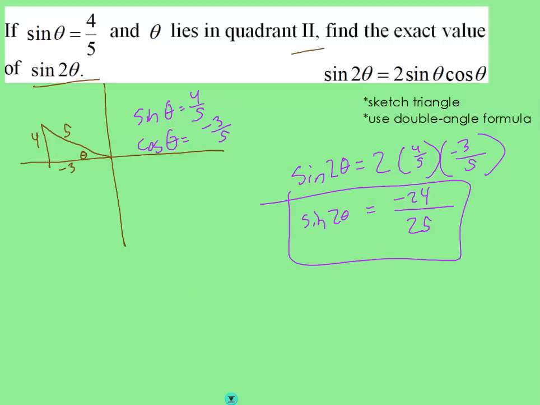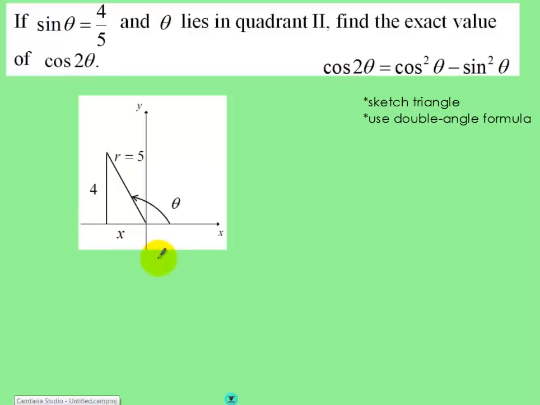Alright, next problem. If sine of theta equals 4/5 and theta lies in quadrant 2, find the exact value of cosine of 2 theta. It's a very similar problem this time, but we're going to use a different formula because we've got to find cosine of 2 theta. We're going to use cosine squared minus sine squared. We know our sine of theta equals 4/5 and our cosine will equal negative 3/5.